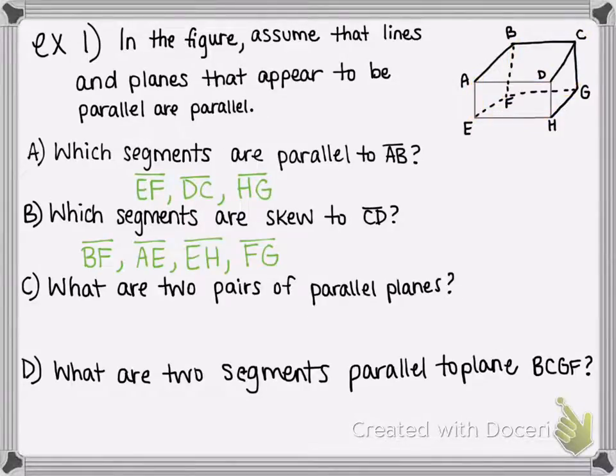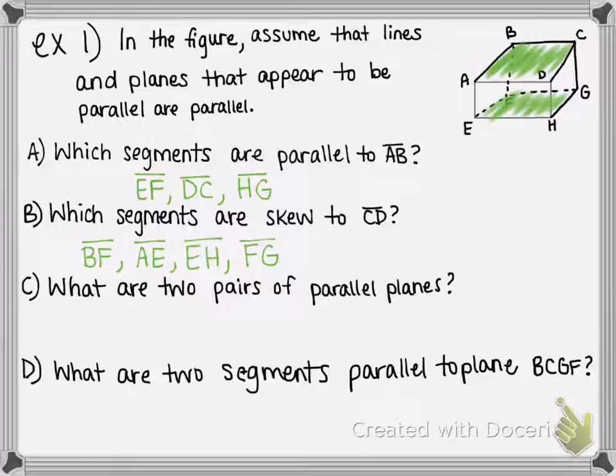What are two pairs of parallel planes? I'm glad you asked, because I didn't say lines, I said planes. Just like your old school textbook, you could have ABCD and EFGH.